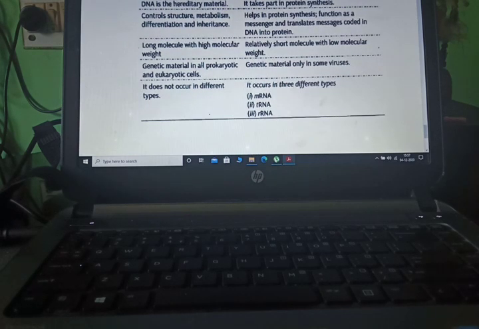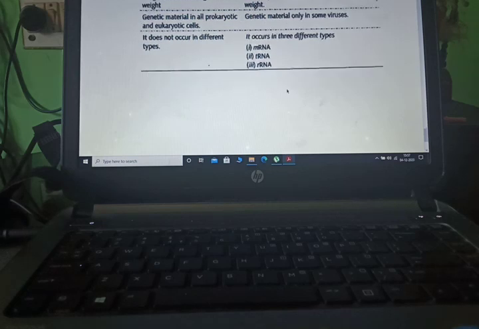DNA is a long molecule with high molecular weight, and RNA is a relatively short molecule with low molecular weight. DNA is the genetic material in all prokaryotic and eukaryotic cells, while RNA is genetic material only in some viruses. DNA does not occur in different types, whereas RNA occurs in different types: messenger, transfer and ribosomal RNA.